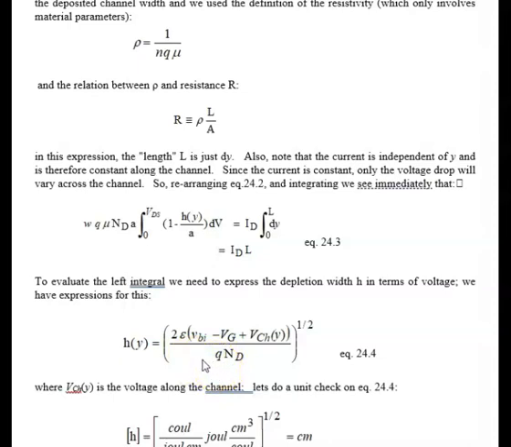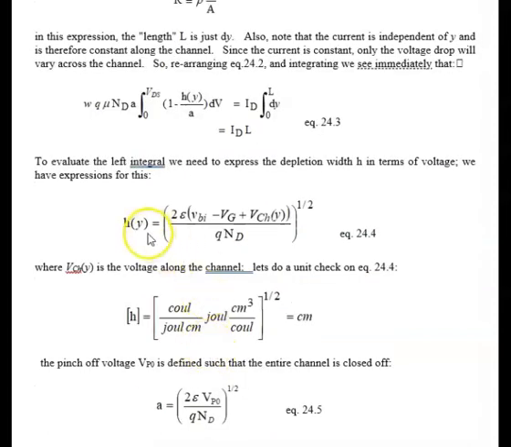Let's just do a real quick units evaluation to convince ourselves that this indeed is the case. Of course, H is in units of centimeters. Units of permittivity are coulombs per joule per centimeter. This is permittivity for an areal capacitance, and VB, and all of this stuff. There are only three terms, and all three terms have units of joules. That's what we have here.